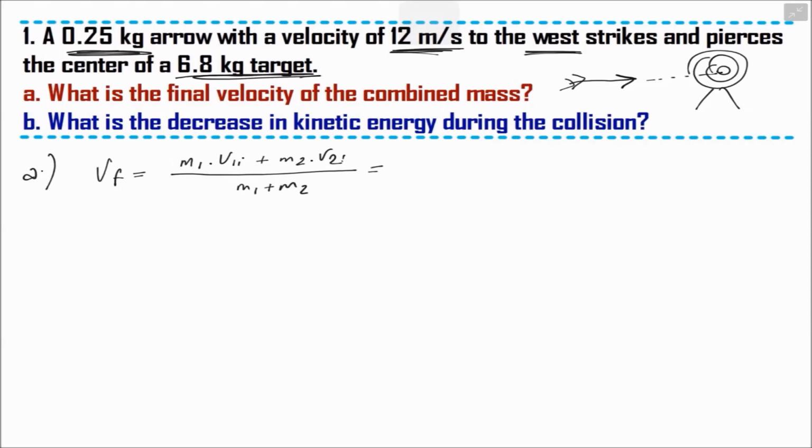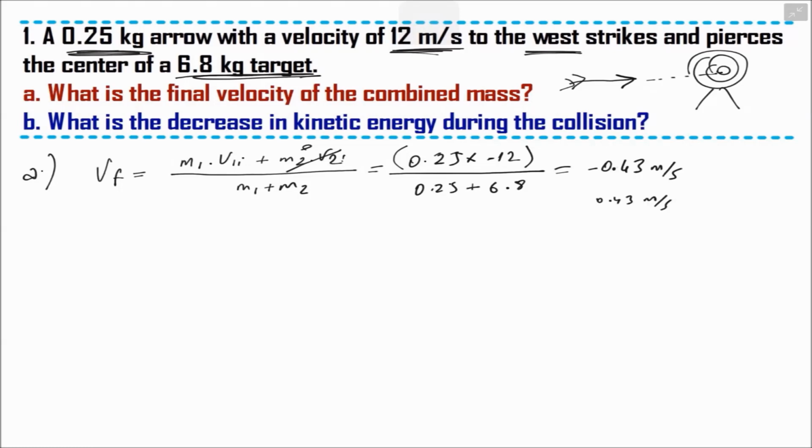First mass is 0.25 times velocity 12, but it will be negative 12 because it's the west, plus initial velocity of the target is 0, so this will be 0, over m1 0.25 plus 6.8, and this will be equal to negative 0.43 meter per second. That means 0.43 meter per second to the west.